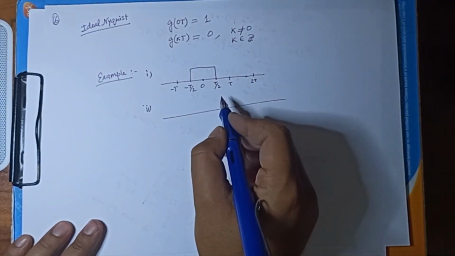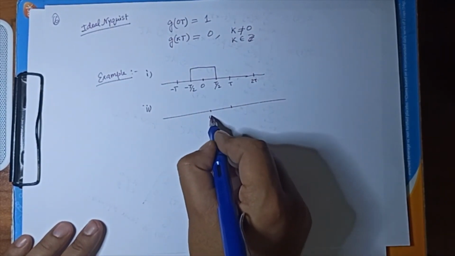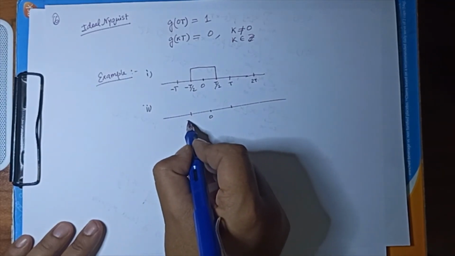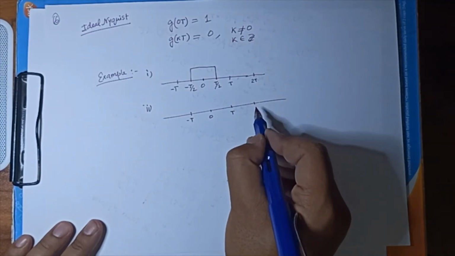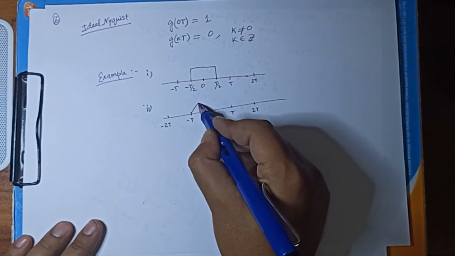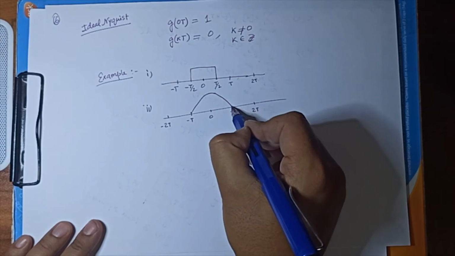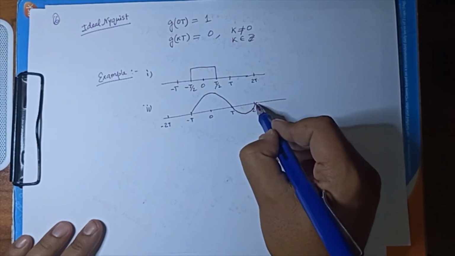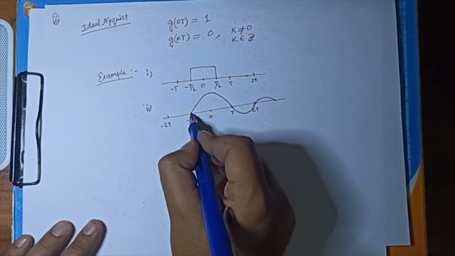Sinc is also ideal Nyquist, with zeros at minus T, T, minus 2T, 2T. Why? Because the sinc looks like that.